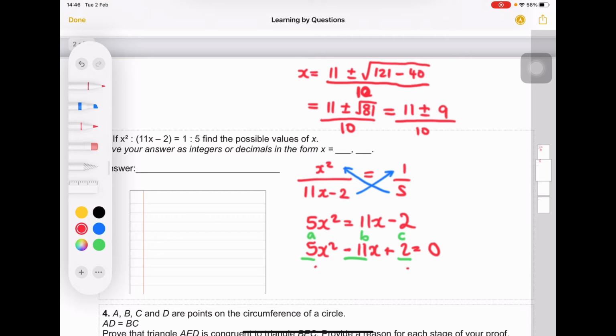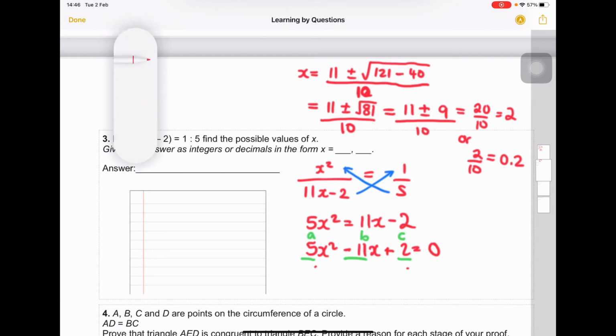So our two values will be 11 plus 9 over 10, which is 20 over 10, which is 2, or 11 take away 9 over 10, which is 2 over 10, which is 0.2. So our answer is just 2 or 0.2.